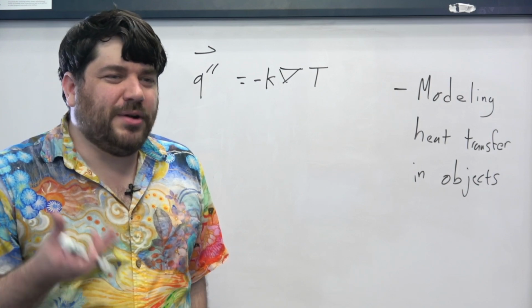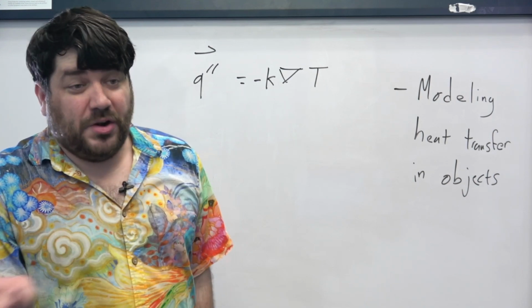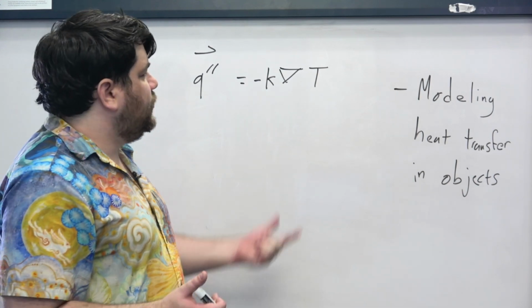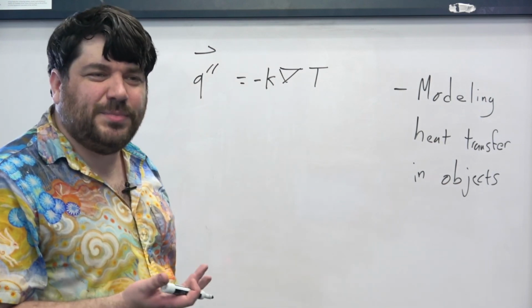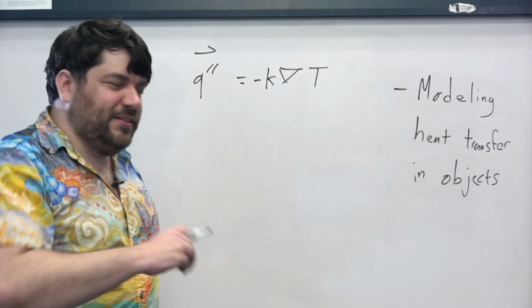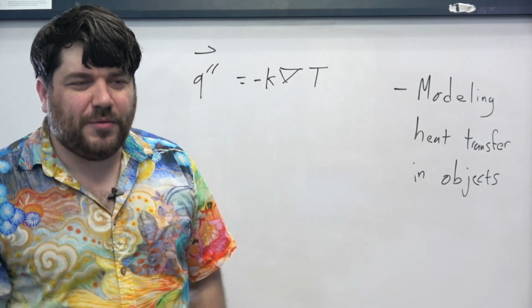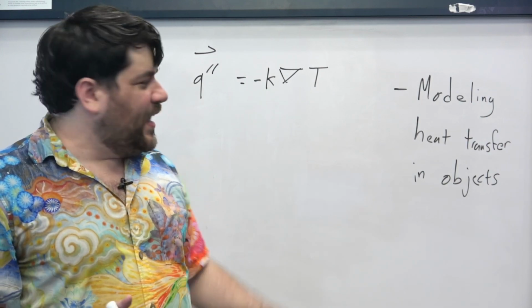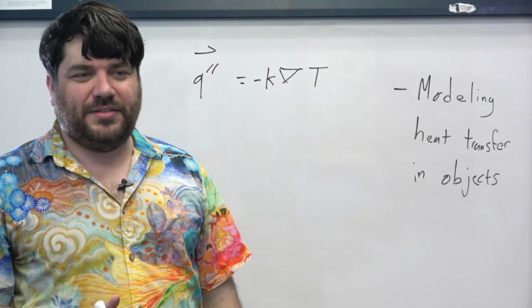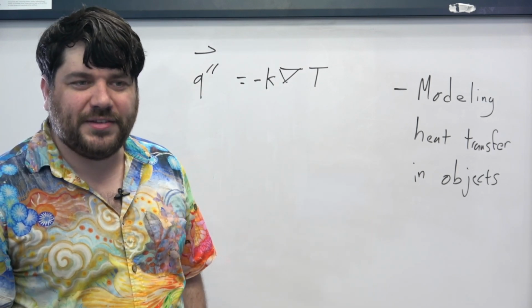And if you're wondering what the temperature gradient is, if you're wondering what a gradient is even, it's just a vector that at a specific point takes its partial derivatives and then provides information about how much that quantity changes in the directions that you've defined for your coordinate system.